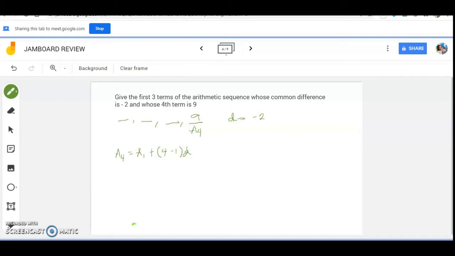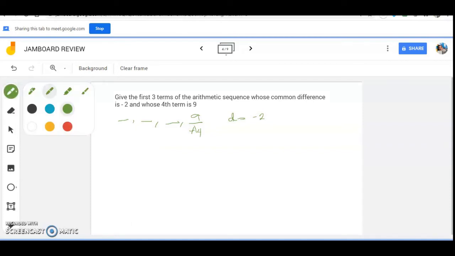Or pwede rin kayong mag-working backwards. Since ang common difference ay negative 2, therefore, nag-add siya dito ng negative 2 para maging 9. So, kung magba-backwards tayo, kung nag-add ka ng negative 2 para maging 9, so that is 11, right? Try natin mag-working backwards bago tayo gumamit ng formula. Let's try this.